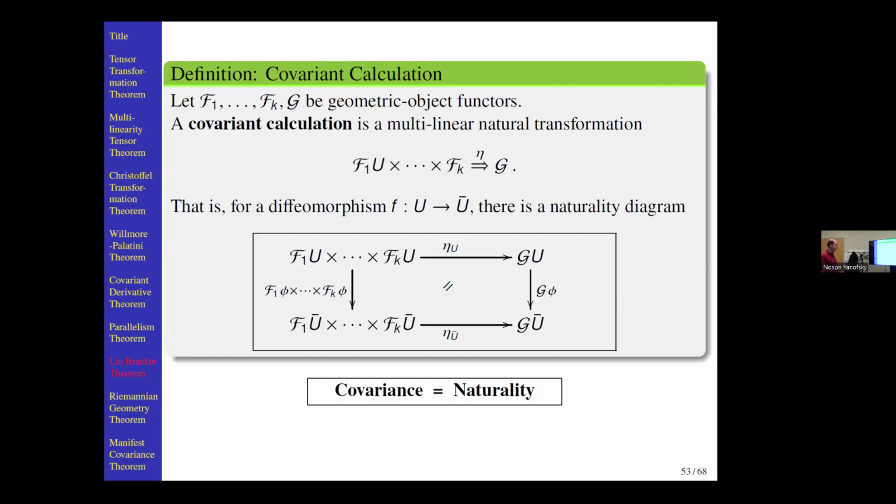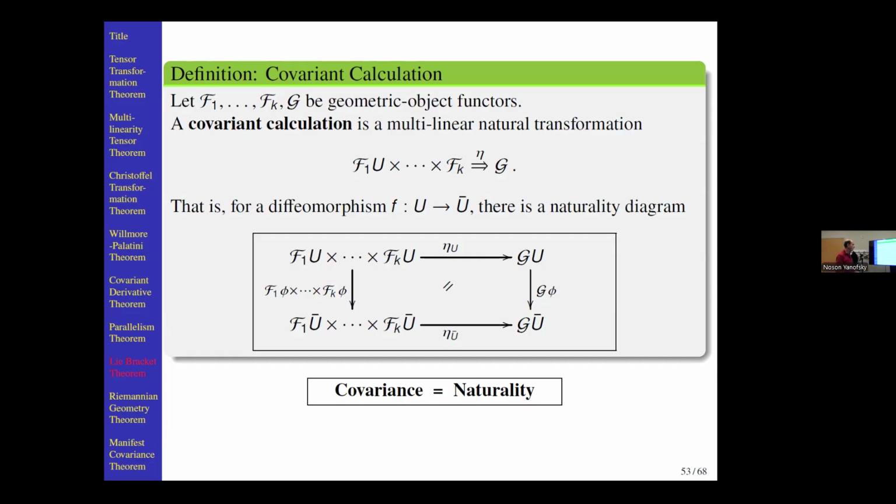Covariant calculation, according to the presentation I'm giving, is a natural transformation from a product of functors, geometric objects, to another geometric object. And this goes way back to the earliest slide where the textbook showed those formulas with the A's, B's, and C's. That's the type of calculation, generalized.